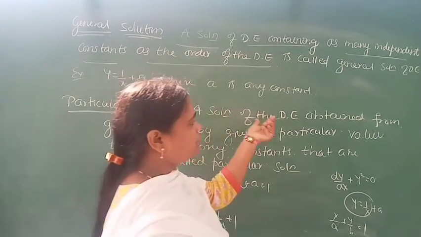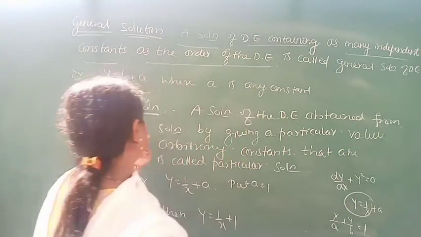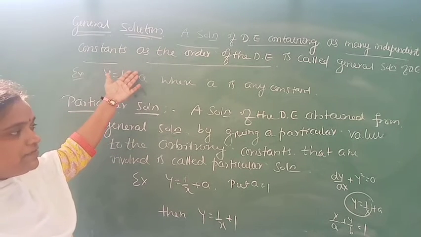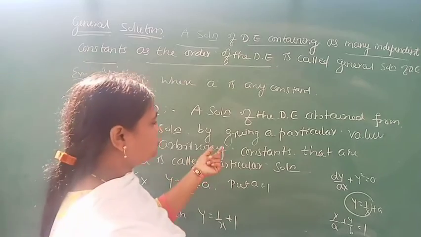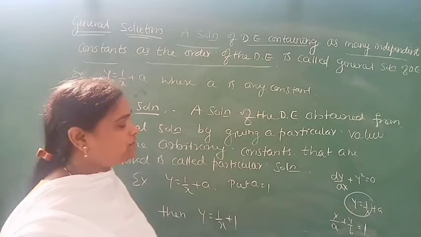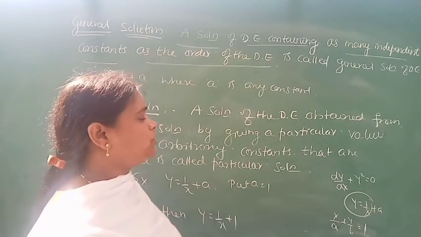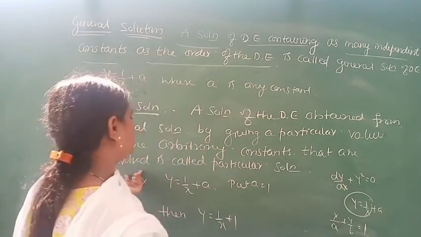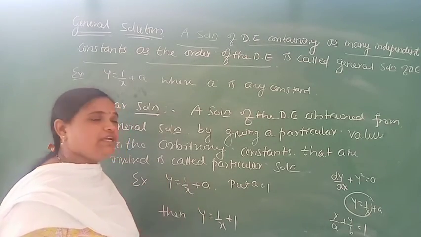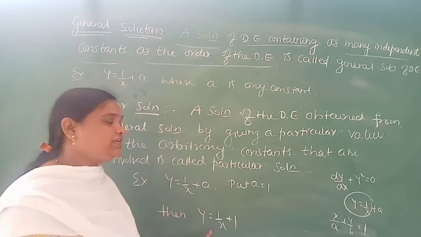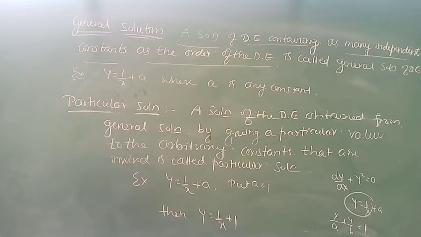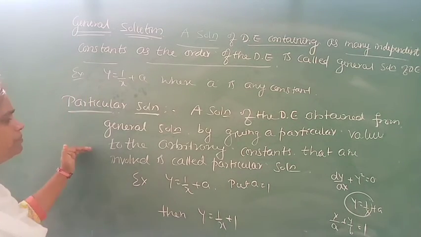It is a solution of the differential equation obtained from the general solution by giving a particular value to the arbitrary constants that are involved. For example, if I take y equal to 1 by x plus a, and I take a equal to 1, which type of solution is this? Particular solution. This is the general solution, and this is the particular solution.